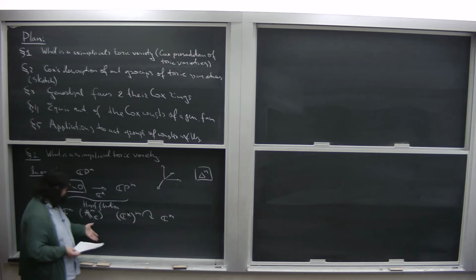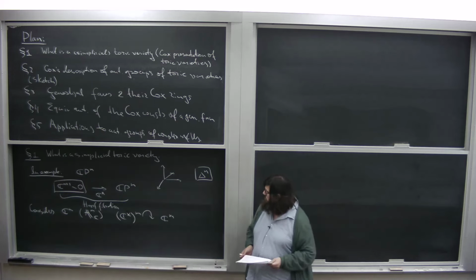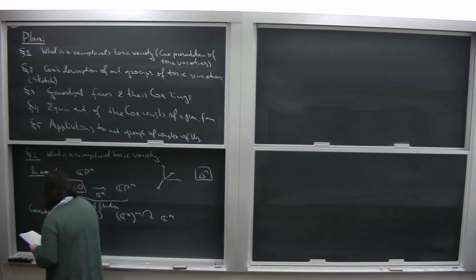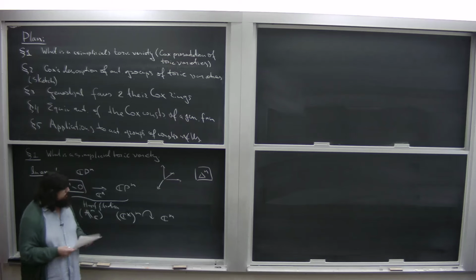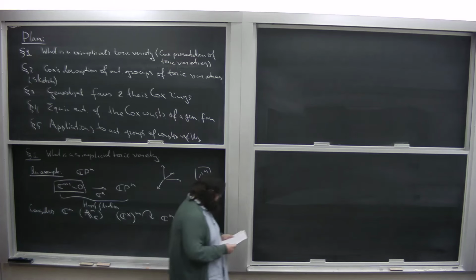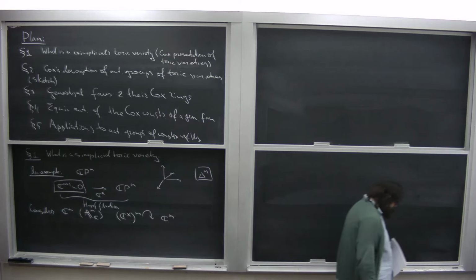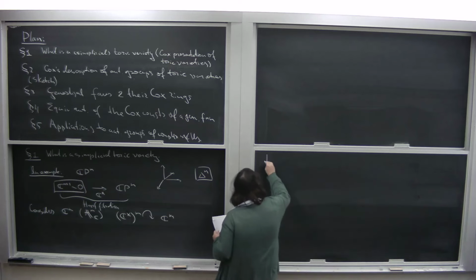And essentially, by answering this question, we obtain this sort of combinatorial classification of toric varieties. So now let me give you some combinatorial definitions that would be necessary to perform this classification.